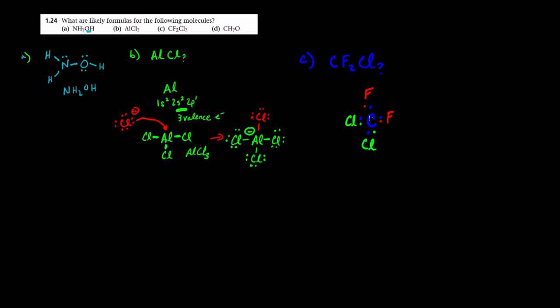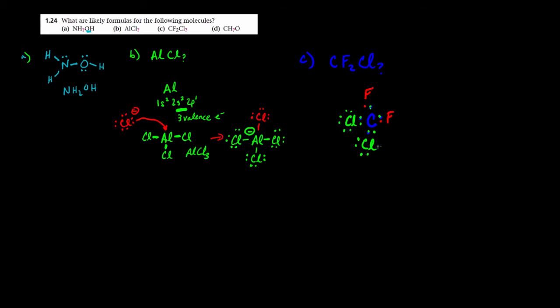And it's contributing its 4 valence electrons, 1, 2, 3, 4. And then the 2 fluorine atoms are contributing their red electrons. And then, of course, the chlorine each also contributes its electron.